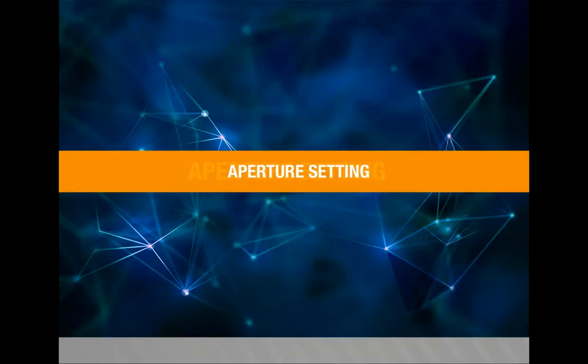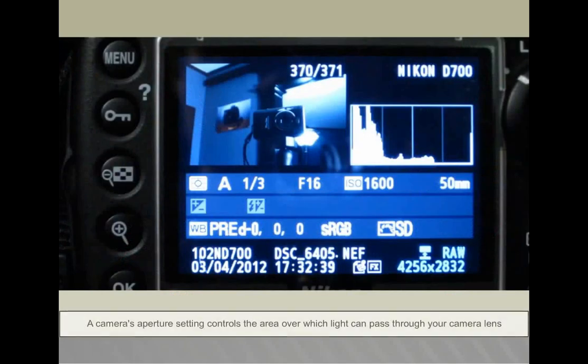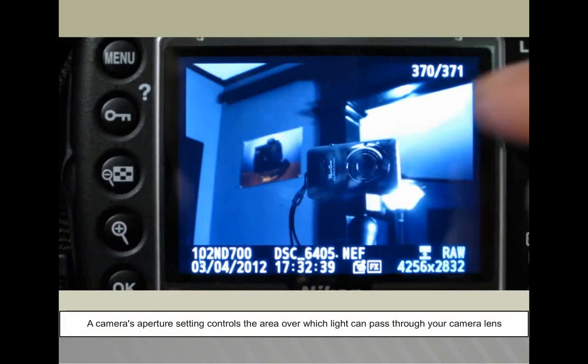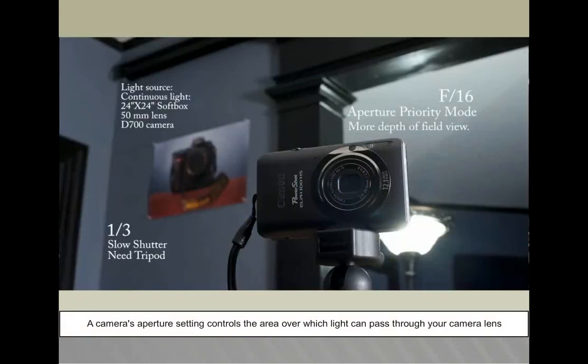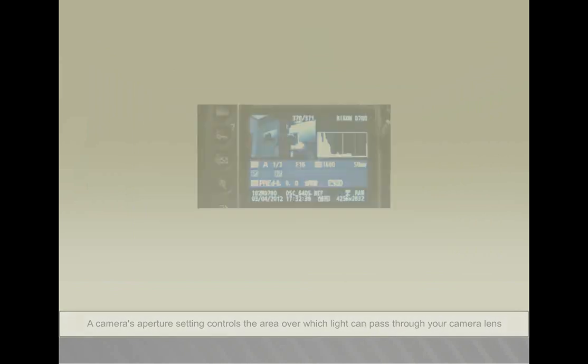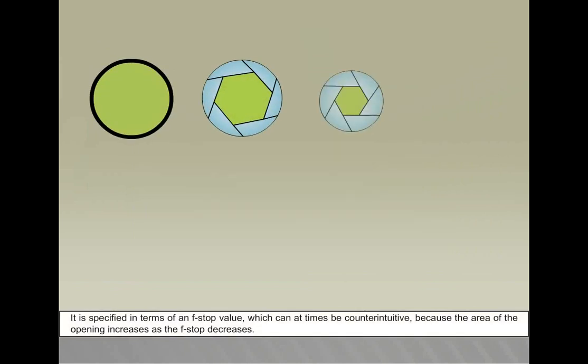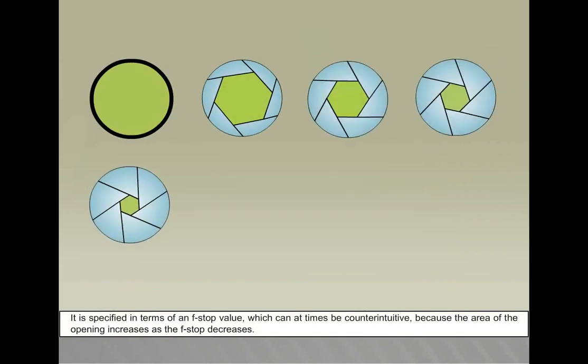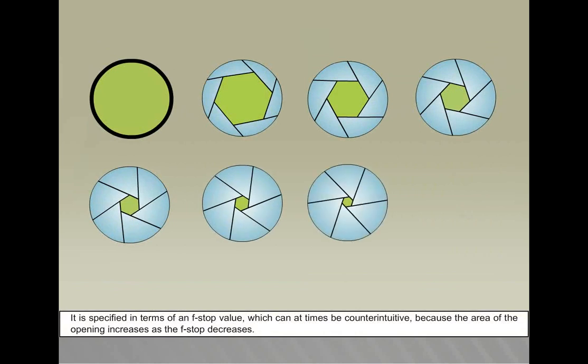Aperture setting. In this video, we are going to see about aperture setting. A camera's aperture setting controls the area over which light can pass through your camera lens. It is specified in terms of an f-stop value, which can at times be counterintuitive because the area of the opening increases as the f-stop decreases.